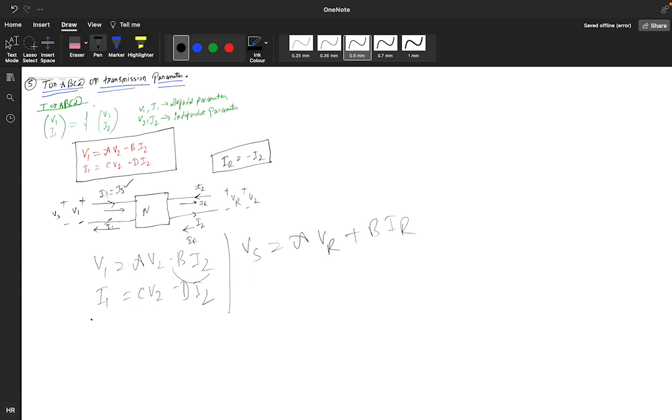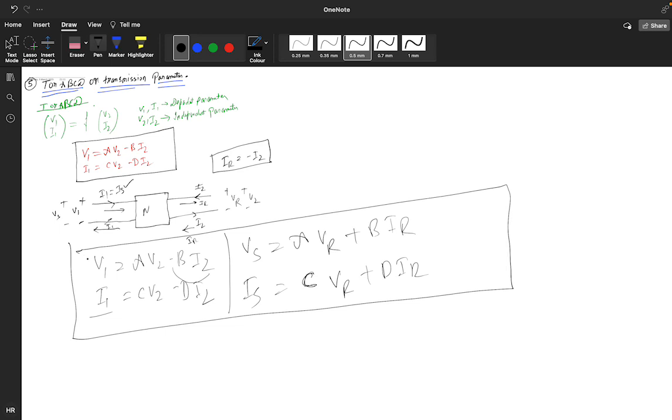Same, instead of I1 you can write IS, so IS is equal to C VR plus D IR. So this is the equation of the ABCD parameter.